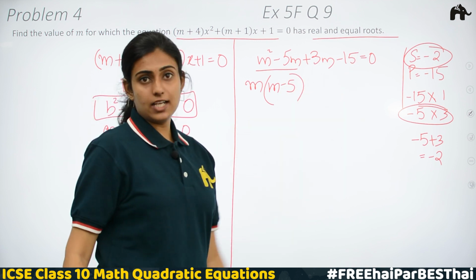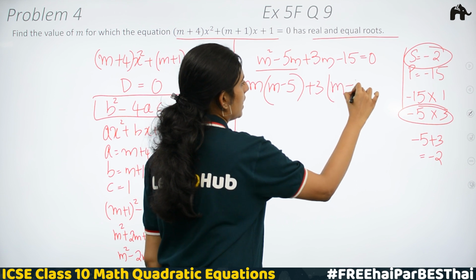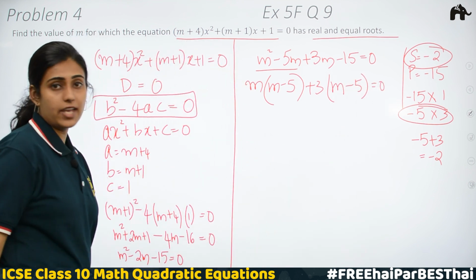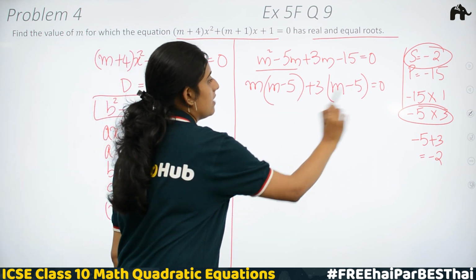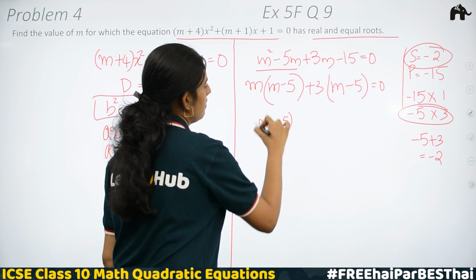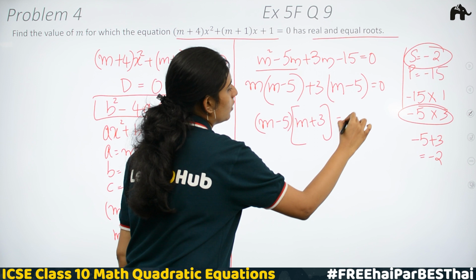From here we can take 3, plus 3 into (m − 5) is equal to 0. Then what are the possible values of m? Here we have m − 5 and m − 5. Taking this common, (m − 5)(m + 3) = 0.